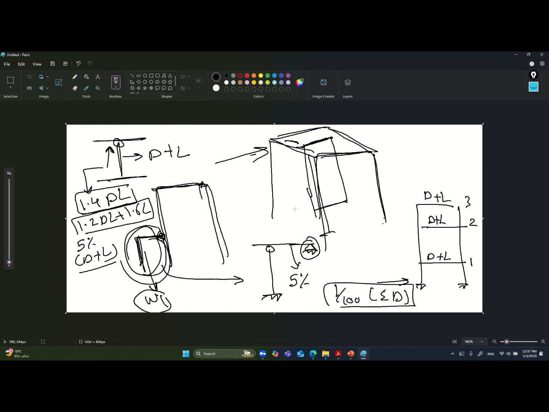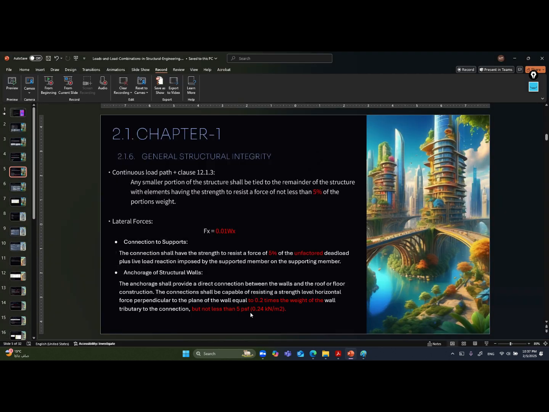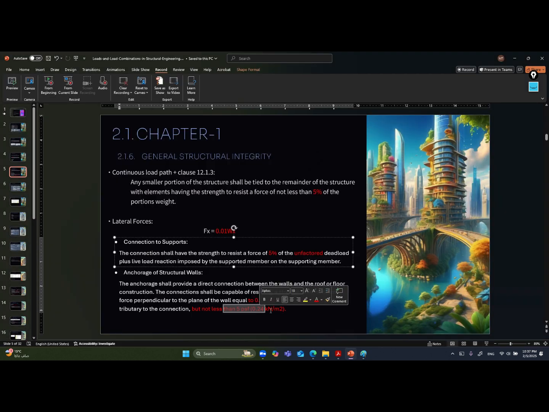Meaning that if you have a wall and the anchorage here, and we consider this tributary area, then this connection will have a lateral force of 0.2 multiplied by the weight of this shaded area. And this value must not be less than 0.24 kilonewton per meter square or 5 psf.